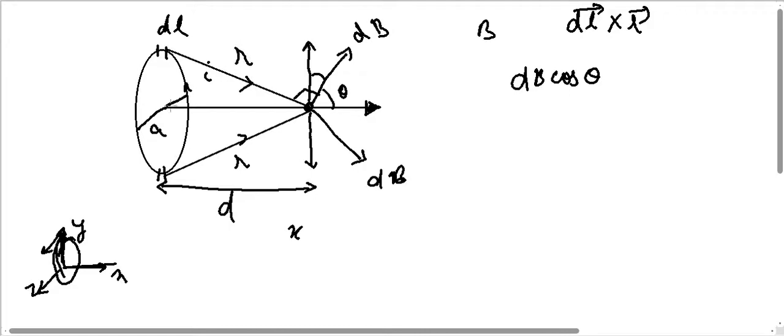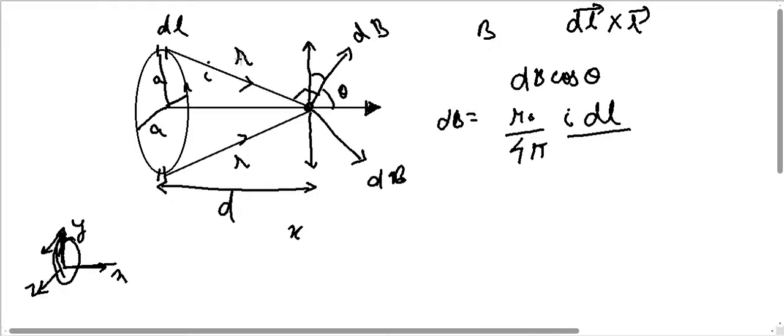If this is r, and this is a, the small magnetic field will be equal to dB cos theta, or mu naught by 4 pi I dl by r squared. And what will be the value of r squared?